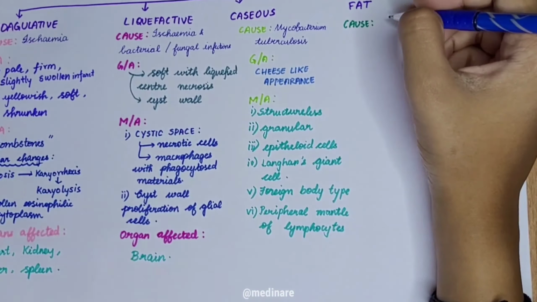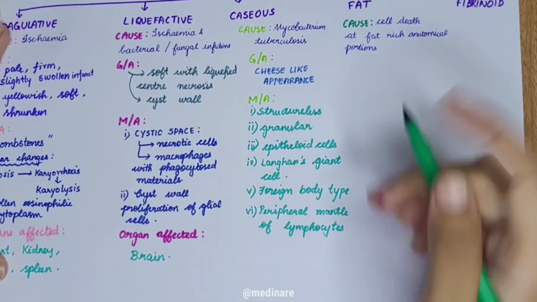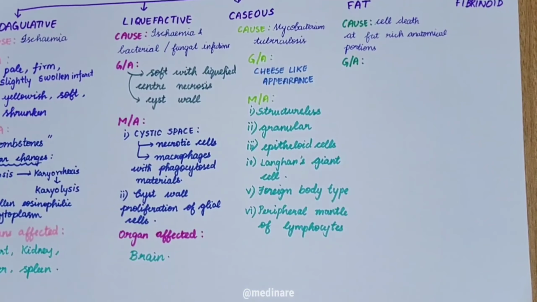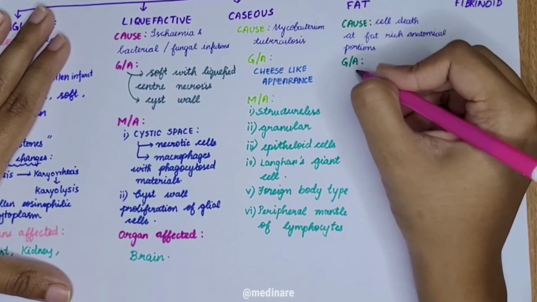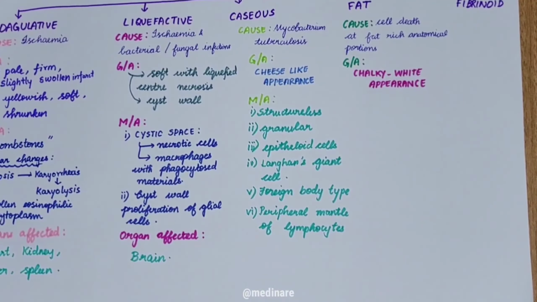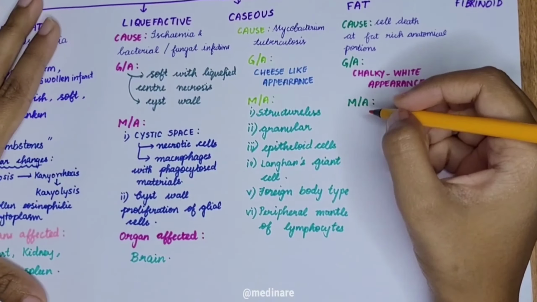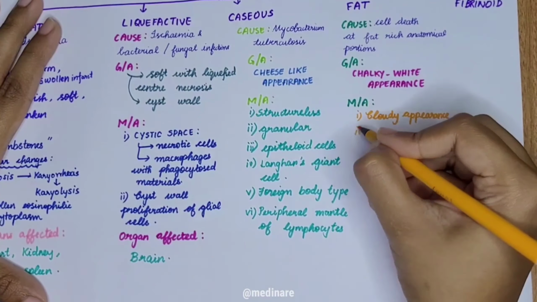Now let's talk about fat necrosis. The most common cause of fat necrosis is cell death at fat-rich anatomical portions. It appears yellowish white with firm deposits, which gives it a chalky white appearance.